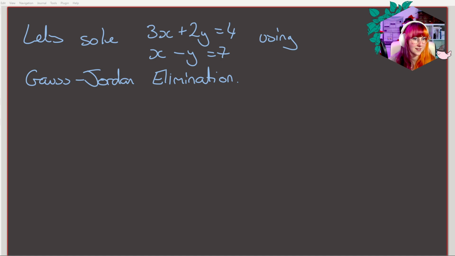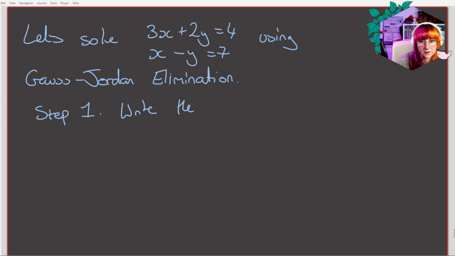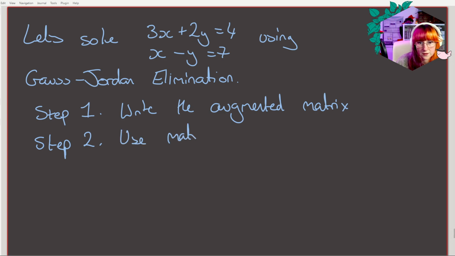Let's go. So step 1. Write the augmented matrix. Step 2. Use matrix manipulation, which I just realized I haven't actually described. What is it called? Row operations?